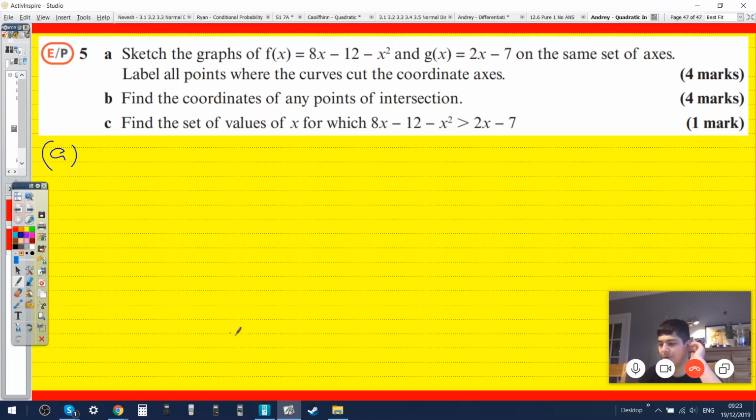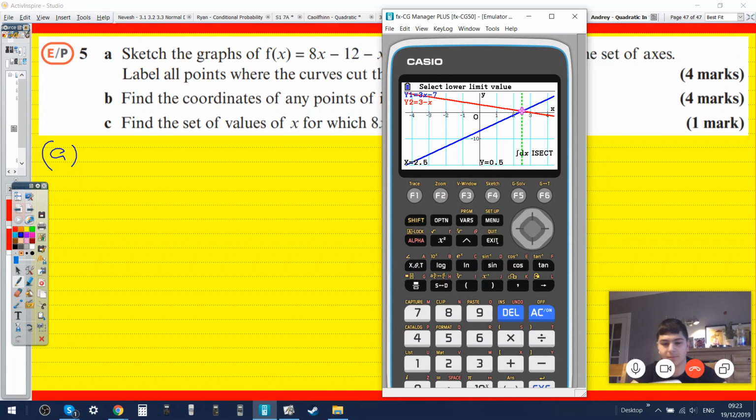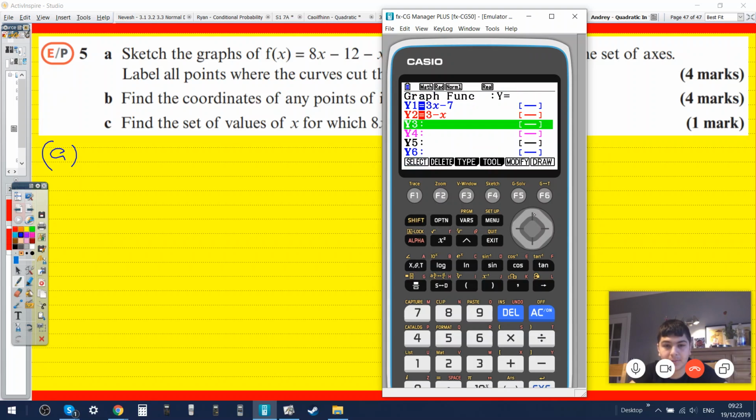So I just need to do the calculator thing again. Yeah, so you can press exit there. And just change them. Change the first one, change the second one.